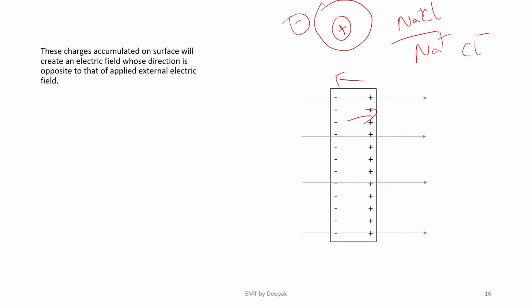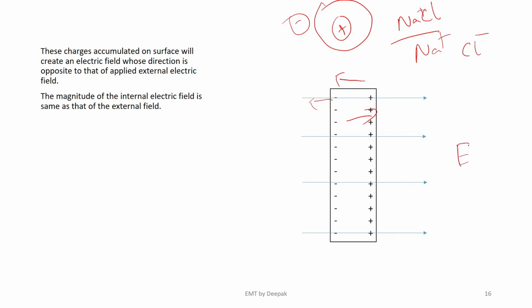Now, the charges accumulated there are now at rest because these charges which are accumulated on the surface can't move. They can't escape this body. They are stuck on the surface of the conductor. Hence, these charges at rest create an electric field. The magnitude of this internal electric field is the same as the magnitude of the external field.